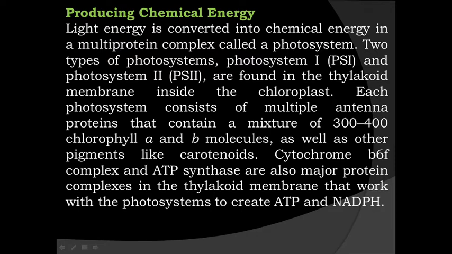Each photosystem consists of multiple antenna proteins that contain a mixture of 300 to 400 chlorophyll A and chlorophyll B molecules, as well as other pigments like carotenoids.